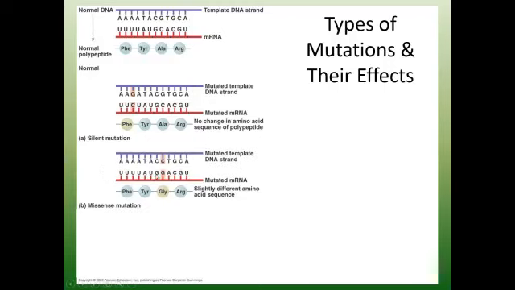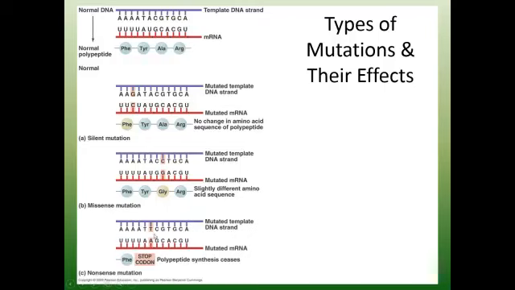Now, what if there is a change? Here we've changed the G to a C so that it reads CTG instead of GTG, and instead of an alanine we get a glycine. So we get a slightly different amino acid sequence. This is a missense mutation. We've had a change in the amino acid sequence.